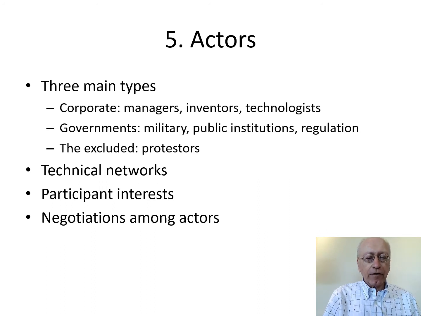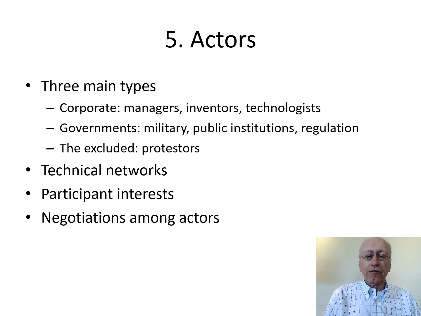But then there's a third type of actor. It's not much discussed, and these are the excluded, the people who don't get to have a say. Those workers in our examples of the development of the labor process who were not consulted. But sometimes they do intervene through protests. And that's an important part of the history of technology.